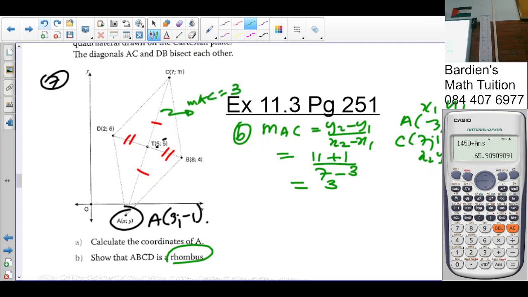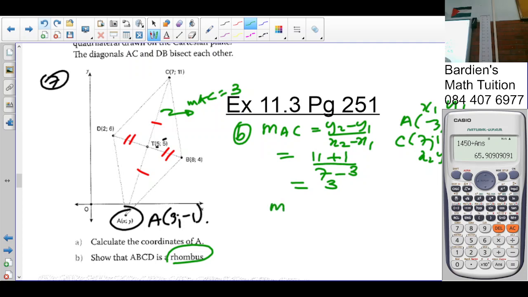So if we can prove that the gradient of DB is negative a third, we've done the job. Why? Because if lines are perpendicular, the product of the two gradients is negative 1. So let's go with that.